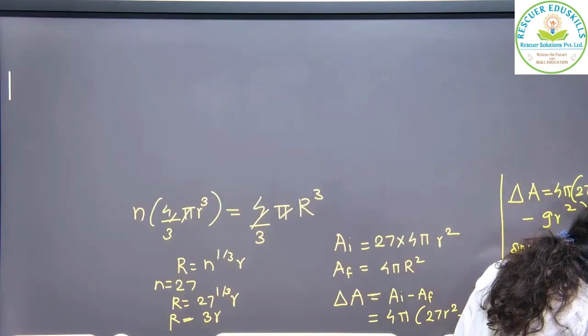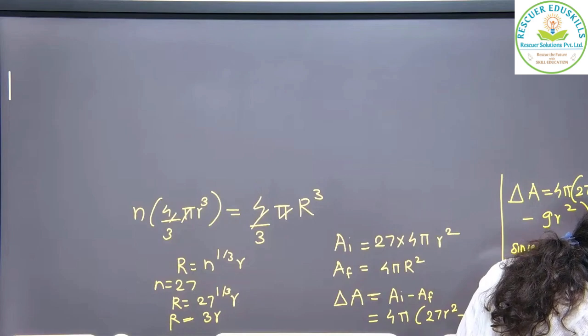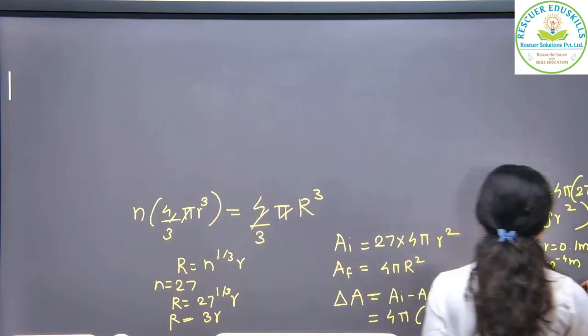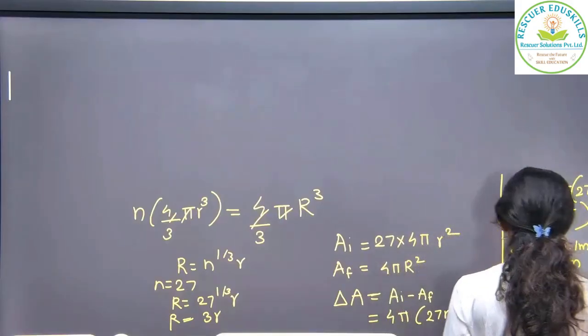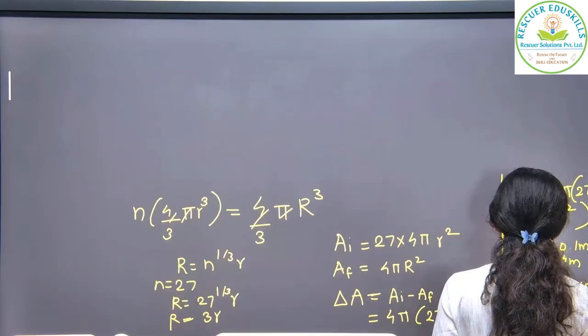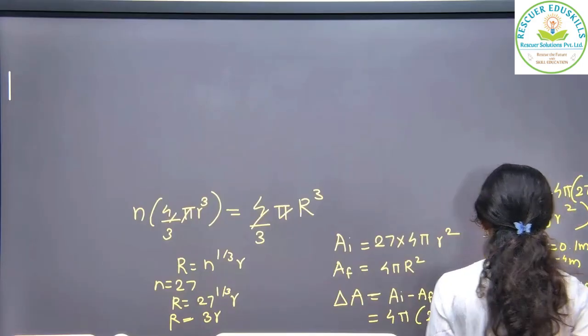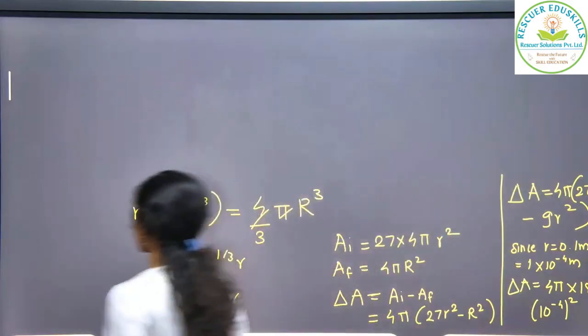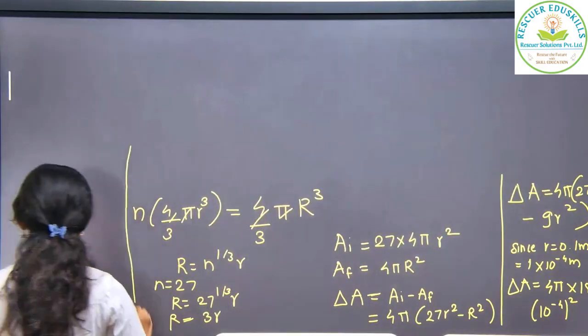Okay, so 4 pi into 18 into 10 to the power minus 4 square. Okay, so now we are going to use the change in surface energy.